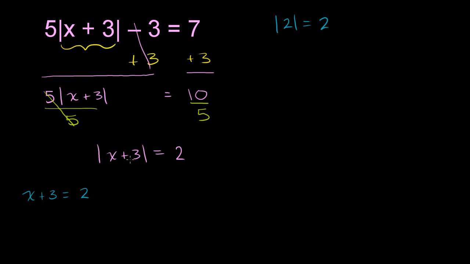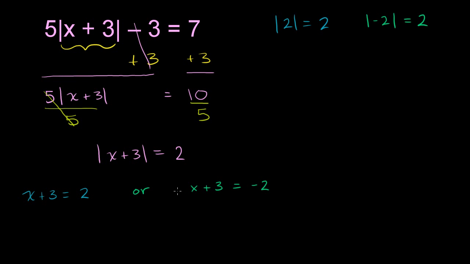But we also know that the absolute value of negative 2 is also equal to 2. So x plus 3 could also be equal to negative 2. That's what I mean about thinking about it a little bit.